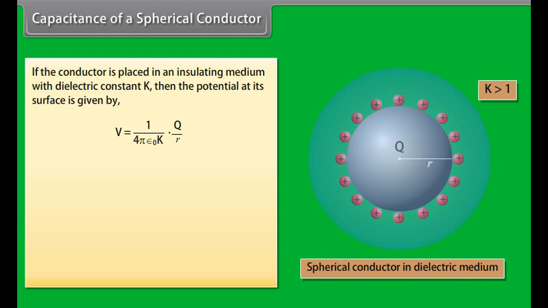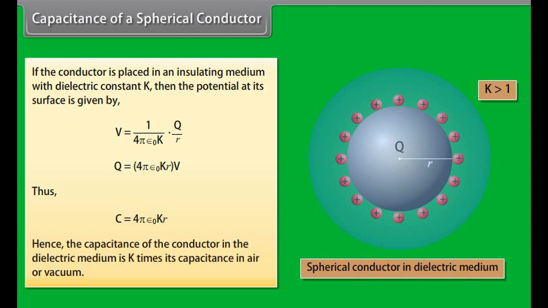It can also be written as Q is equal to the product of 4 pi epsilon not K, r and V. Thus, C is equal to 4 pi epsilon not K r. Hence, the capacitance of the conductor in the dielectric medium is K times its capacitance in air or vacuum.